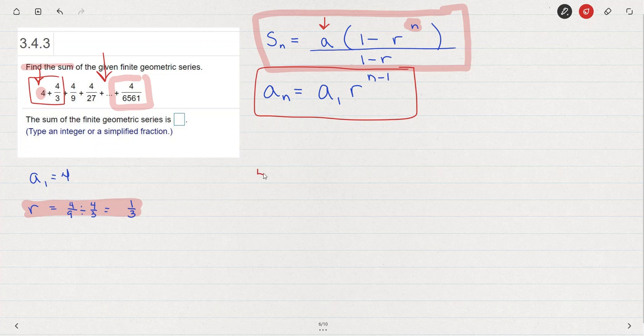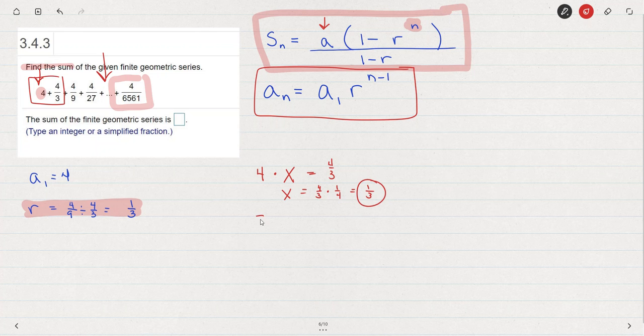So 4 times what? Let's say x equals 4/3. We could use this 4 and 4/3 to solve for x. So x equals 4/3 divided by 4. And we get 1/3.